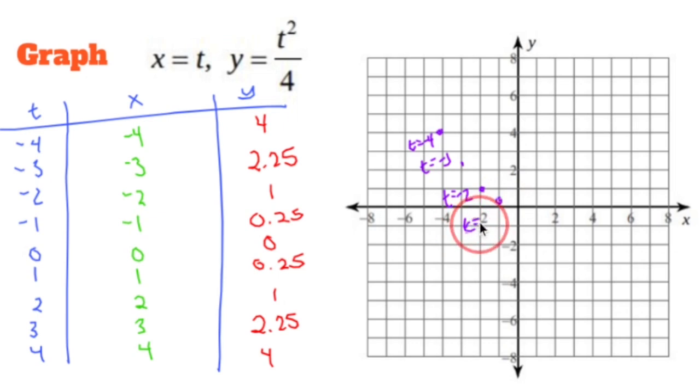That happened when t was -1. 0, 0, that happened when t was 0. 1, 1/4 happened when t was 1. 2, 1 happened when t was 2. 3, 2.25 happened when t was 3. And last but not least, 4, 4 happened when t was 4.